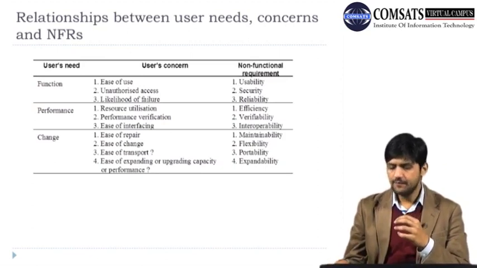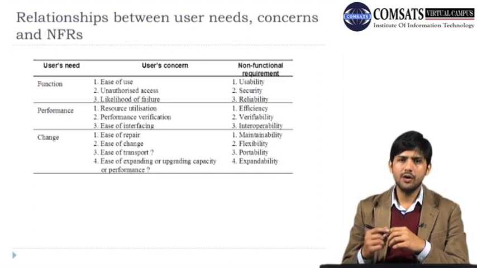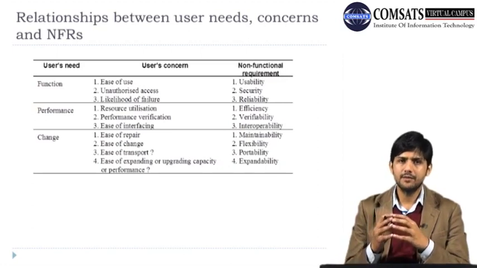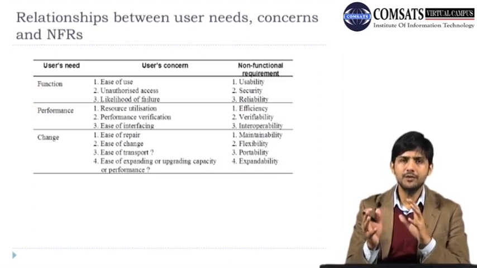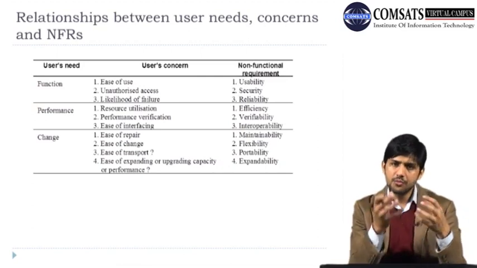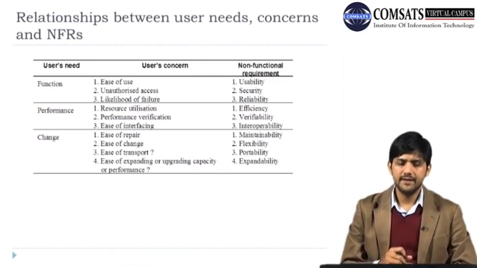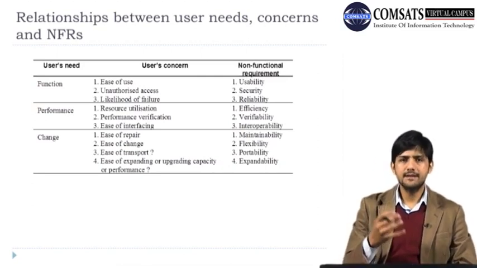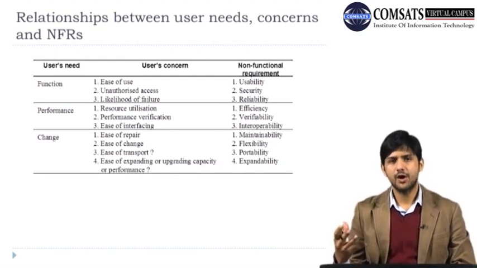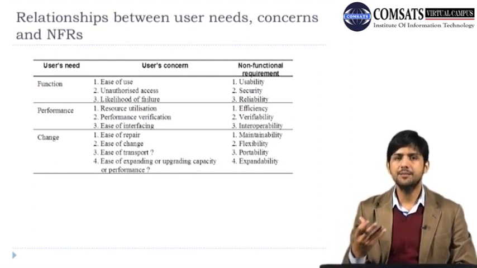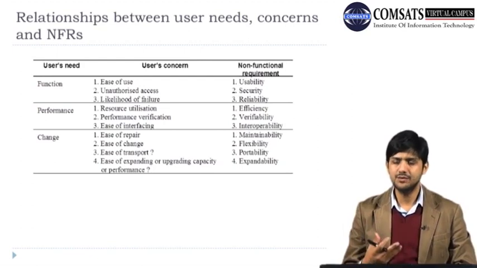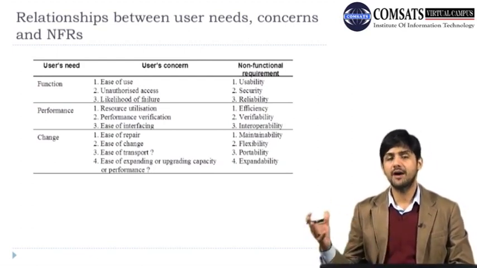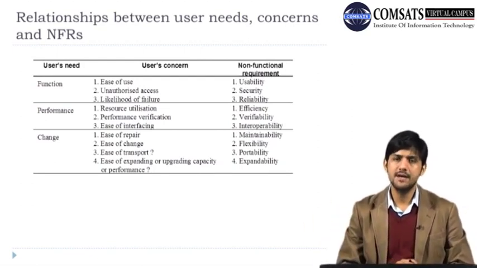Now, if we try to figure out which type of non-functional requirements conform to these user concerns, then ease of use relates directly to the usability non-functional requirement, because we are trying to say that the system should be easy to use, and that is how we define the usability non-functional requirements.